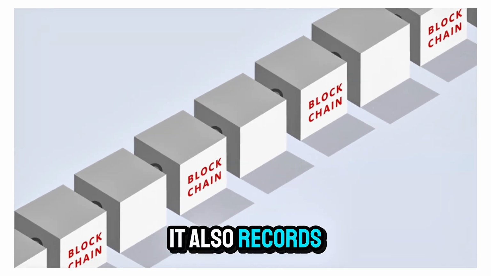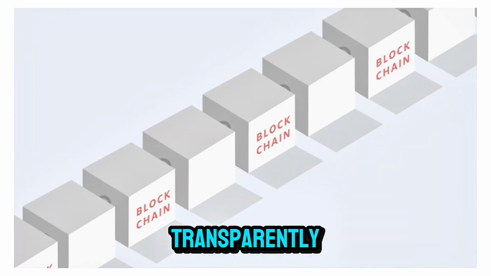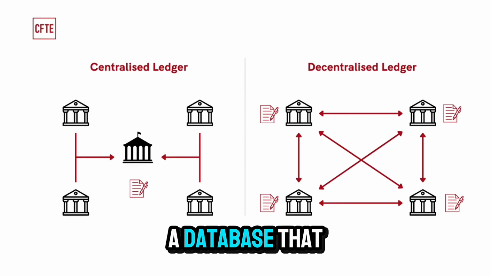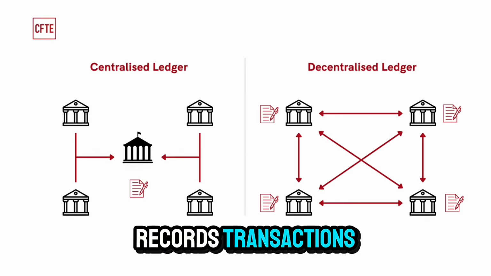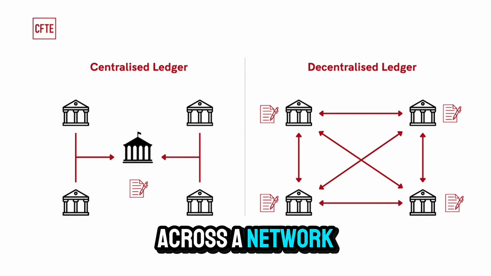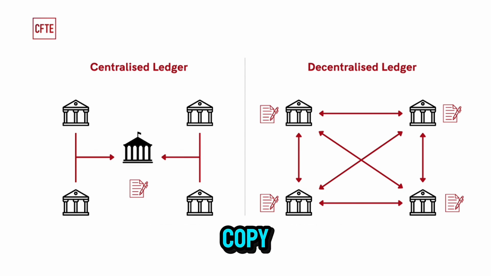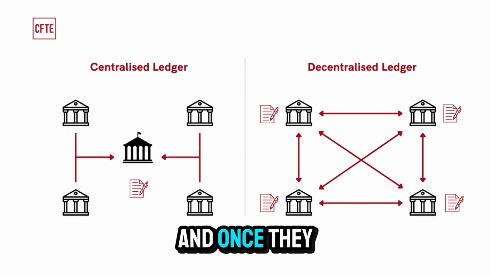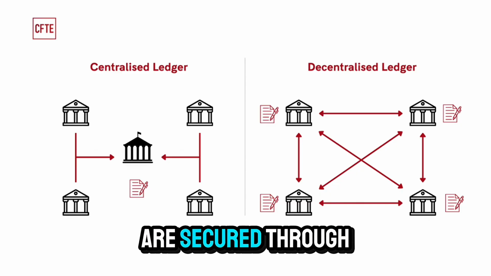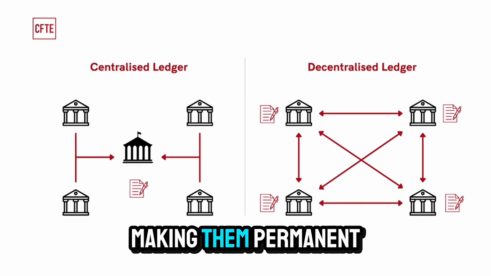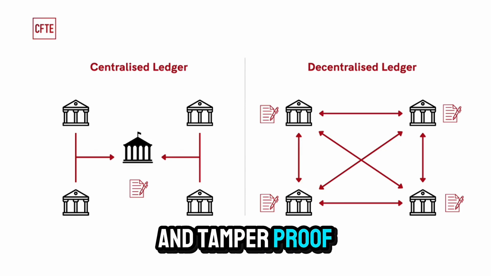It also records and tracks transactions transparently. Here, digital ledger means a database that records transactions across a network of computers, with each participant holding an identical copy. And once transactions are added, they are secured through cryptography, making them permanent and tamper proof.